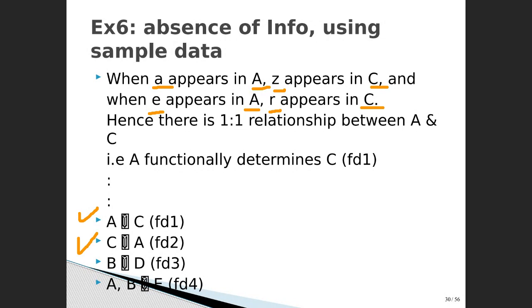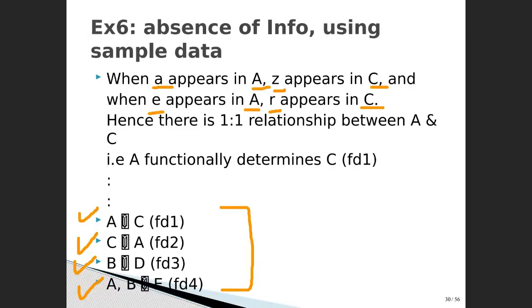C determines A, as we said. The third one, B determines D. And A and B determines E. So these are 4 functional dependencies from the sample relation: FD1, FD2, FD3, and FD4.